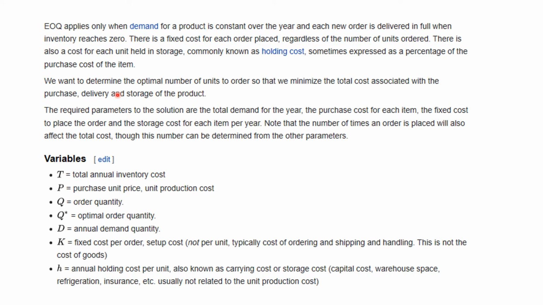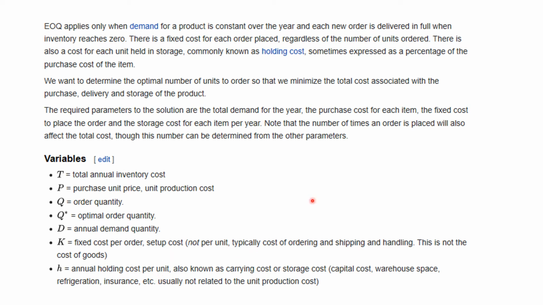So we're going to define a number of variables here. You may want to jot these variables down so the subsequent slides make a lot of sense. The required parameters are the total demand for the year, which is called D. The purchase cost for each item is going to be P. The fixed cost to place the order and the storage costs per year: H is the holding cost.